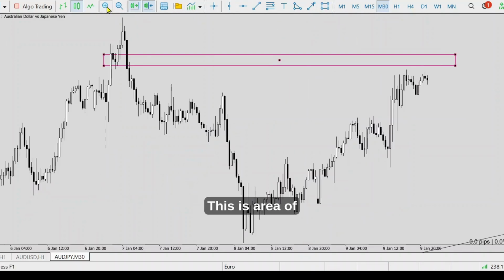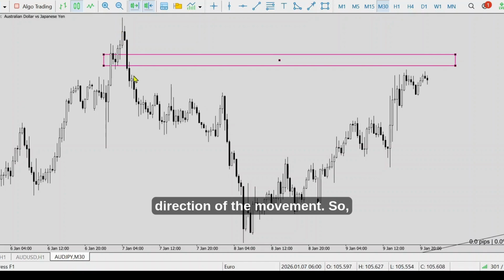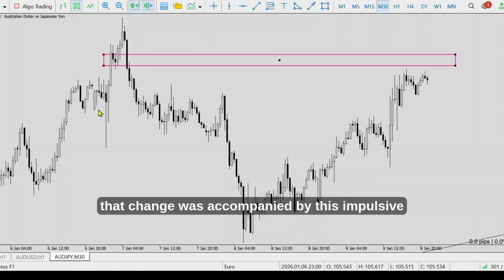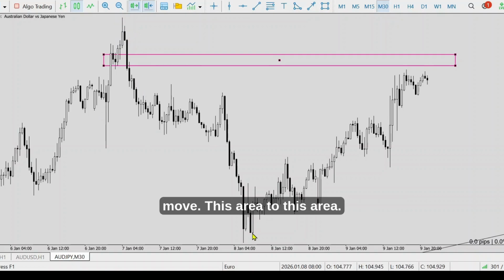This is an area of supply that broke an area of demand. So there is a change in the direction of the movement. That change was accompanied by this impulsive move from this area to this area. So this is the impulse leg, or impulse movement.